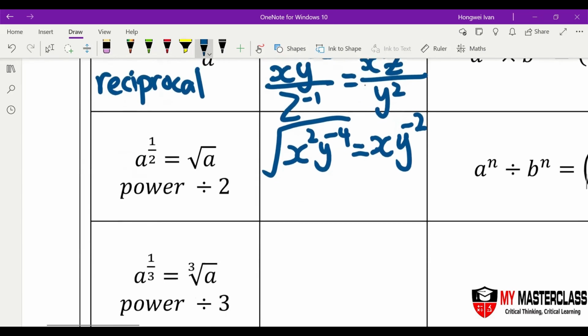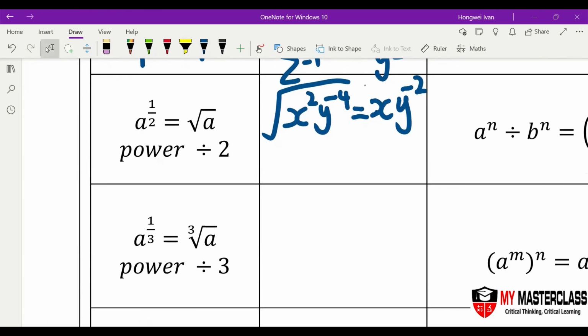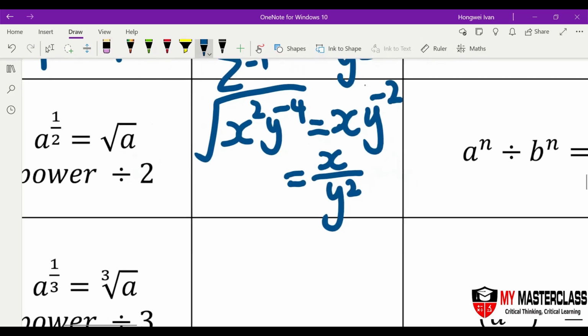However, answers cannot be in negative indices. So can you see y power -2? It's now at the numerator, right? Then the final answer is x over y squared. The x doesn't get the -2 unless it is the whole thing -2. Negative power means it goes from the numerator to the denominator.